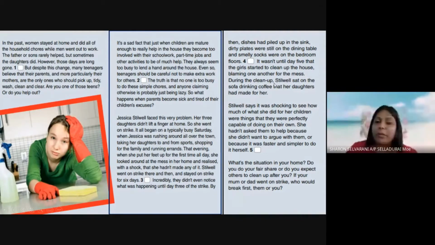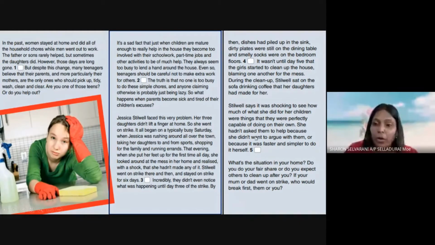During the cleanup, Stilwell sat on the sofa drinking coffee that her daughters had made for her. Okay, here you see the mother decided to stop doing the work because she did not mess the house. It was all done by the 3 daughters. So she decided to just rest on a sofa and the daughters made her a cup of coffee.